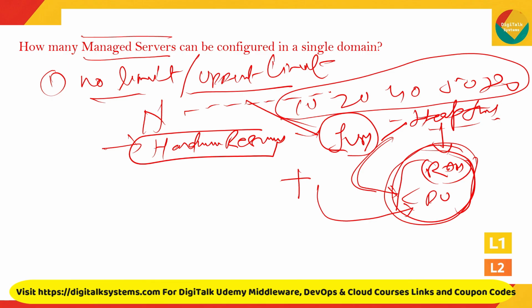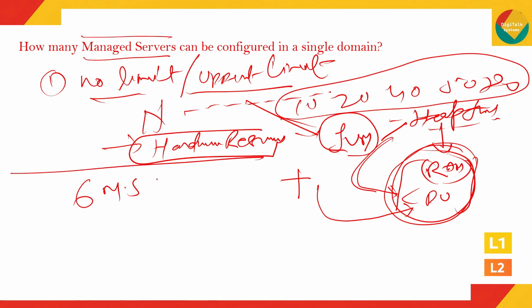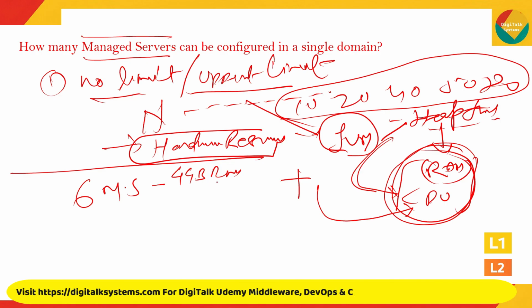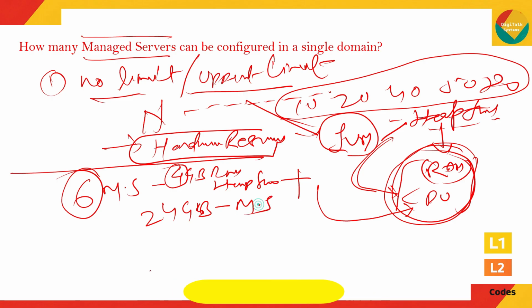Okay, so for example, you may have done performance testing and identified that you need at least six managed servers for your applications. Each server may need 4 GB of RAM, or you can say 4 GB of heap size. So 6 managed servers and each needs 4 GB of RAM. So you need 24 GB of RAM at least for the managed servers.